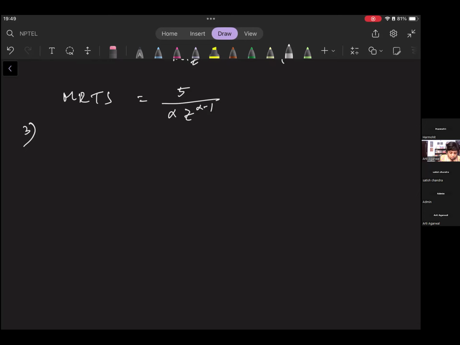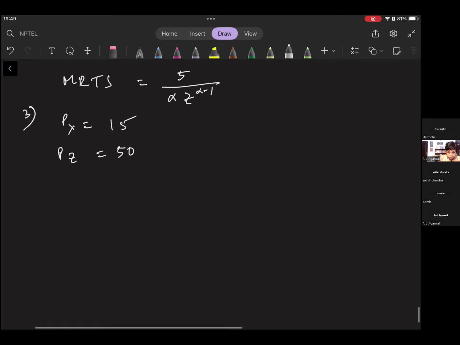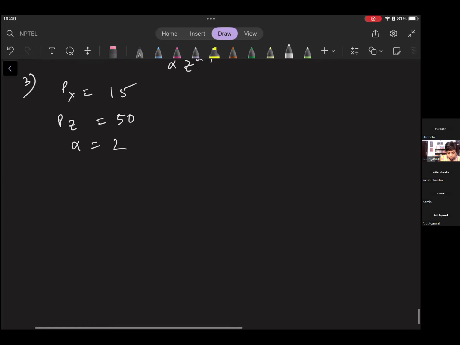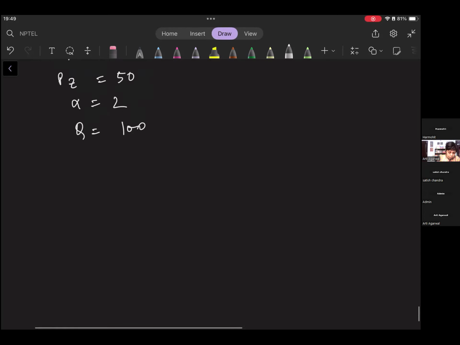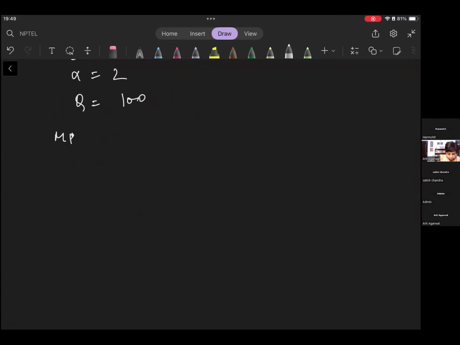The next part is that you are given input prices of Px equal to 15, Pz equal to 50, you're given alpha as 2, and you're given Q as 100, and you're asked the values of X and Z. So now, the first thing we can do is use the MRTS condition.